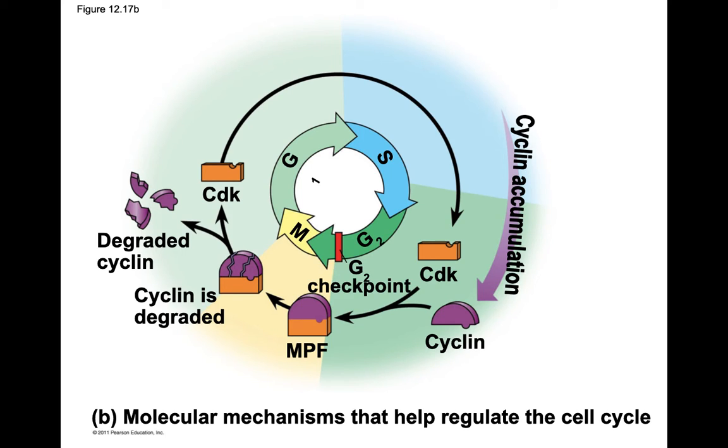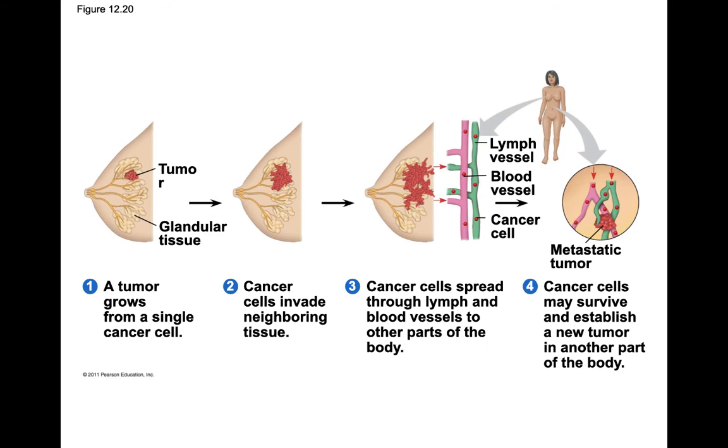And this is going to be based off of a receptor CDK, which is in cells, that is allowed to bind to the cyclin, forming an association called MPF. That's going to be degraded, and then it's going to be recycled. So generally, the only way we get a cell cycle completion is by accumulation of the cyclin in more and more amounts. Which leads us to cancer.